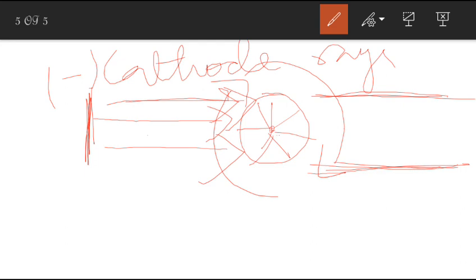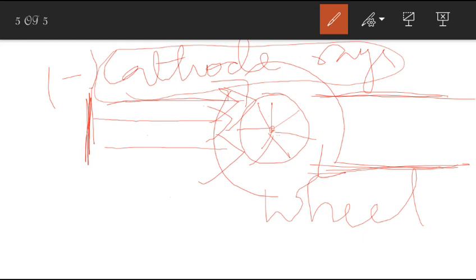That means in air there is some sort of material which strikes the leaves, and due to that material the leaves start moving. In the same way, cathode rays have some sort of material in them, and that very material when it strikes the wheel makes it rotate in circular motion.